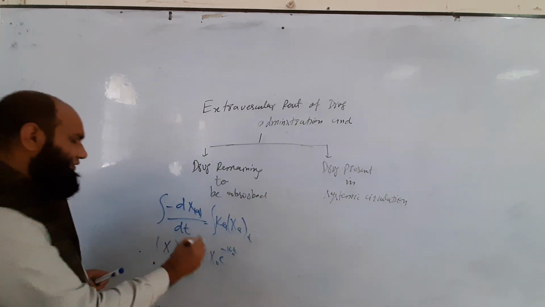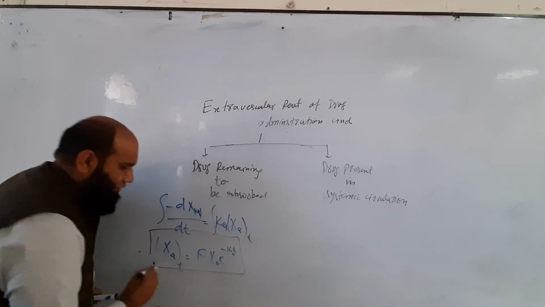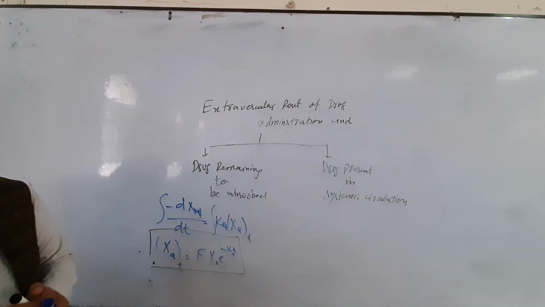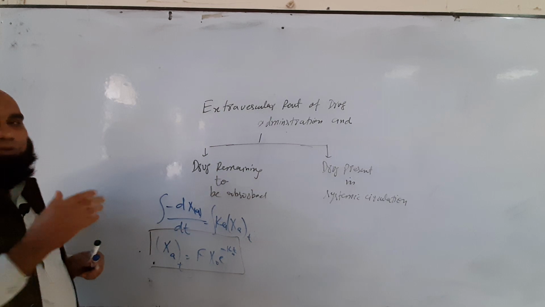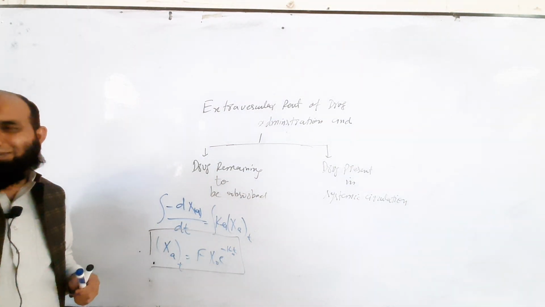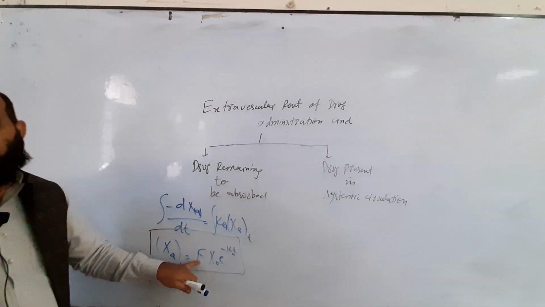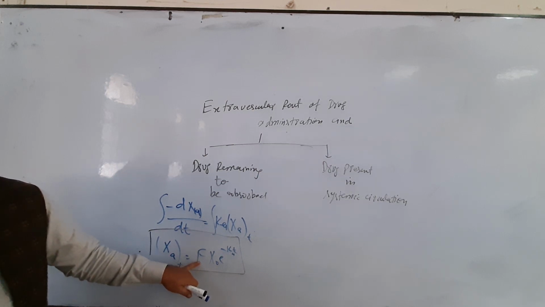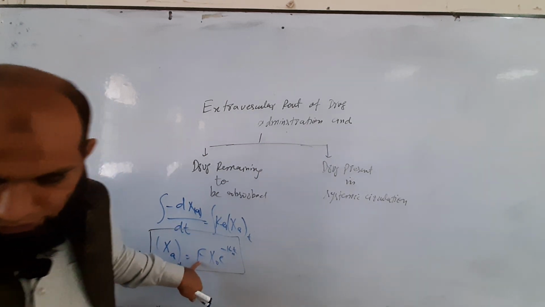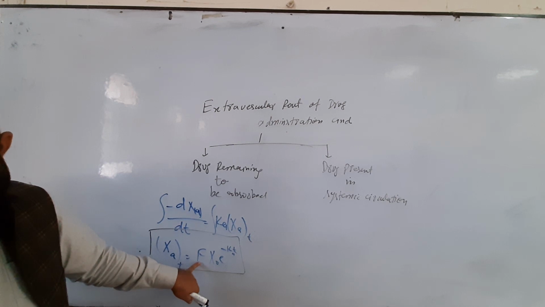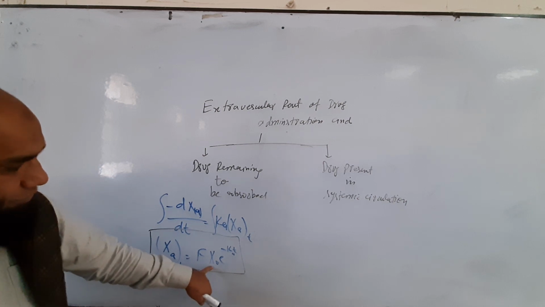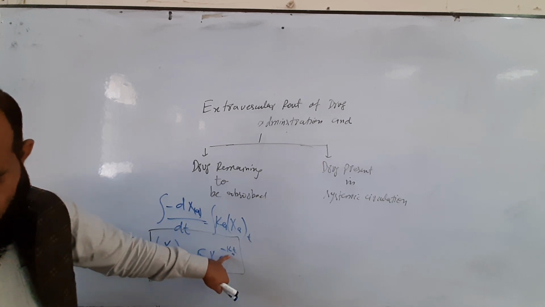This formula is just like the same formula we have already understood, Cp is equal to Cp naught e to the power minus kt. Here F is the fraction of the administered dose that is available to reach the general circulation, and X naught is the administered dose, and ka is the absorption rate constant.